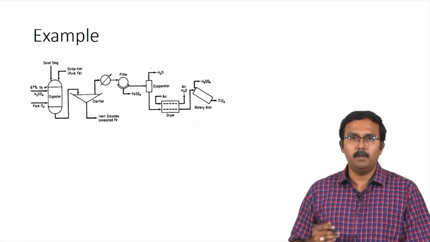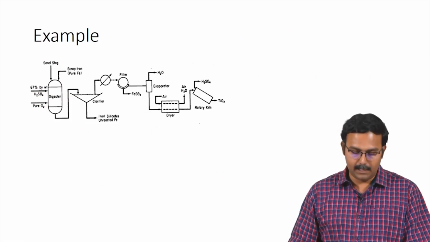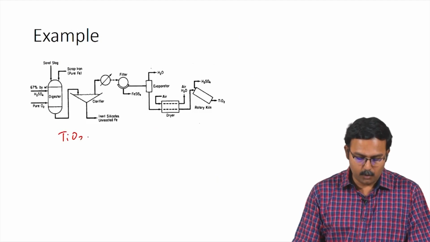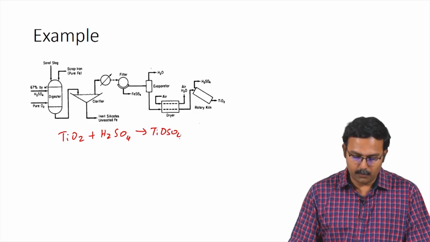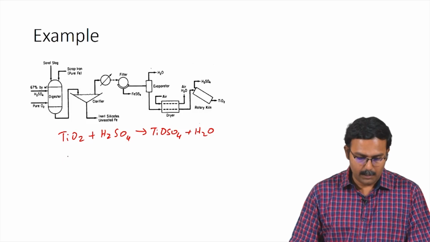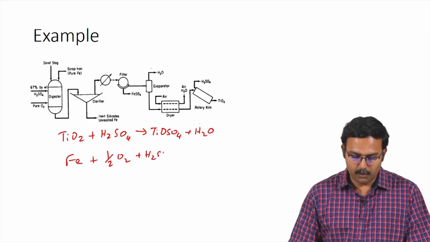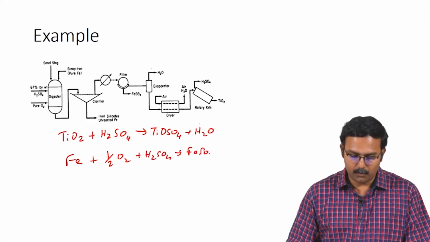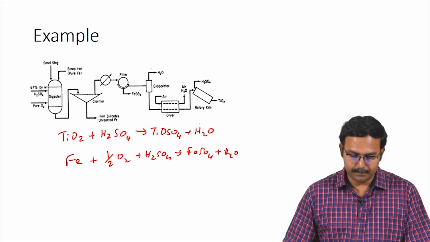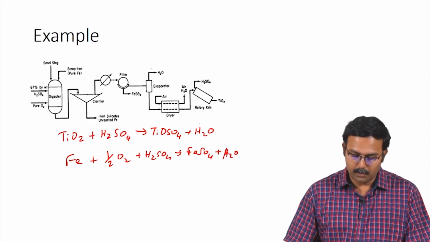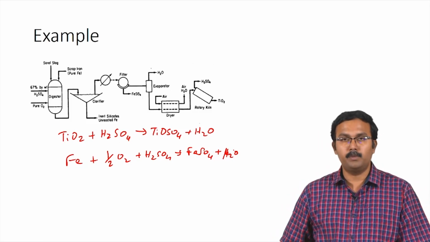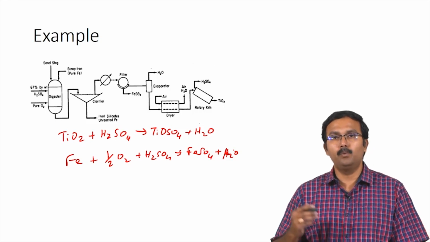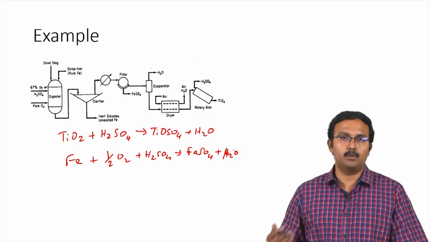In the problem, there are two reactions taking place in the digester. They are TiO2 plus H2SO4 gives TiOSO4 plus H2O, and the other reaction is Fe plus half O2 plus H2SO4 gives FeSO4 plus H2O. Taking the first reaction, 1 mole of TiO2 will produce 1 mole of TiOSO4 if the reaction goes to completion.